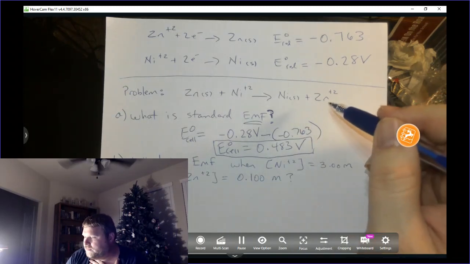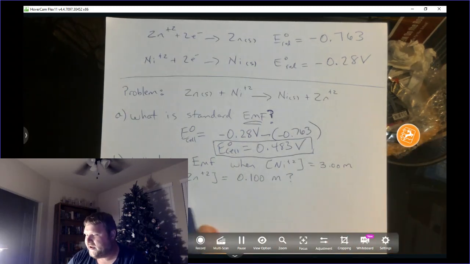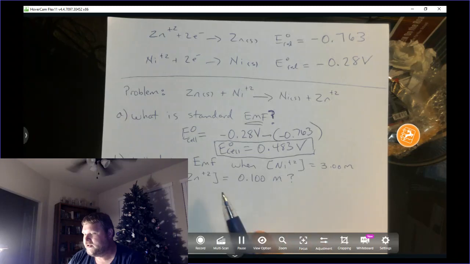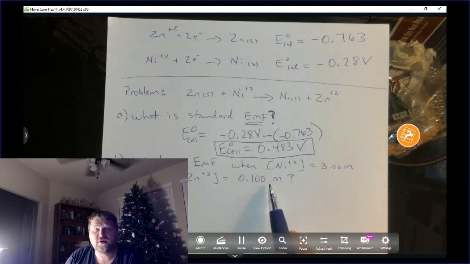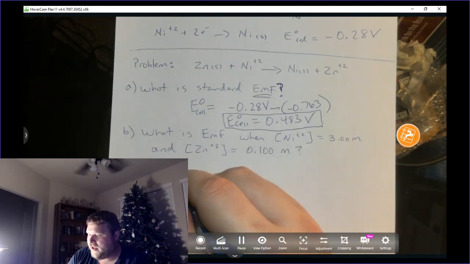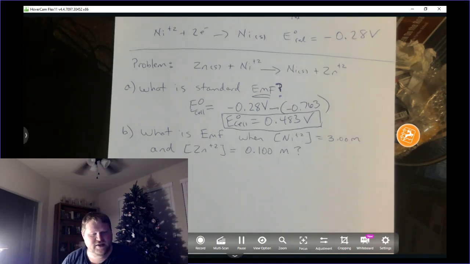All right, so let's move on now to part B, where it wants us to calculate the EMF when the nickel concentration and the zinc concentration are not 1 molar. There's something else. So we're going to find E, and let's use the easy version of the Nernst equation.